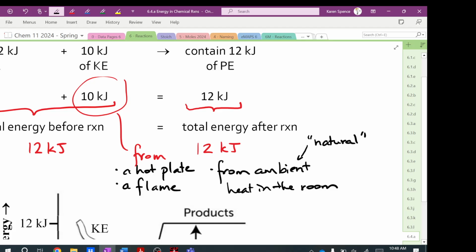So what's happening is that the reaction is sucking in heat and it is turning it into kinetic energy. So where is that heat coming from? It could be coming from a hot plate. It could be coming from a flame. It could be coming just from the temperature of the room because we're not at absolute zero, right? That's not something I'm going to necessarily be asking you. We're just setting the stage for where we're getting to, okay?